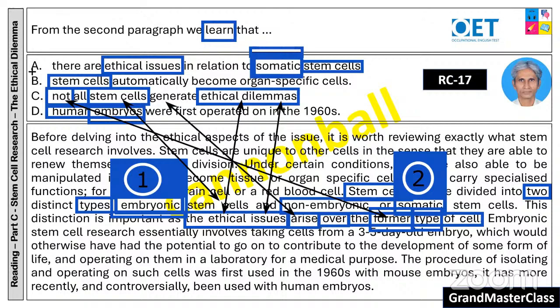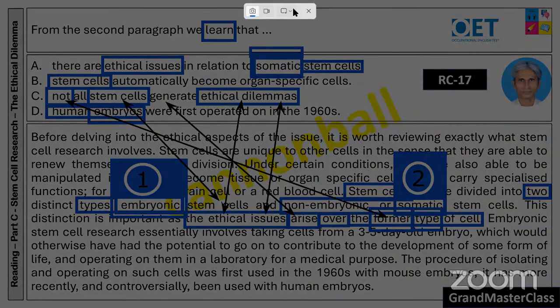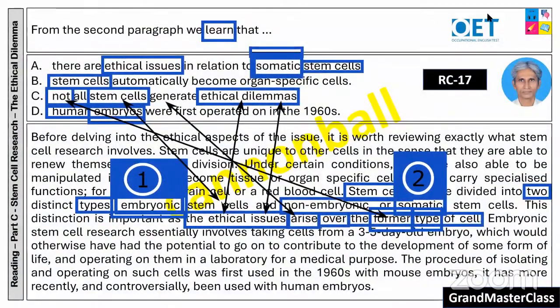So you have understood the comparison between the former and the latter, a new style. Use this former and latter in your writing. They are very powerful. Use them in your speaking also. It is there in reading, and it will come in listening also. So learn: the former means the first one.